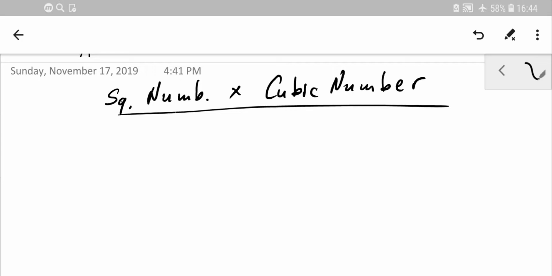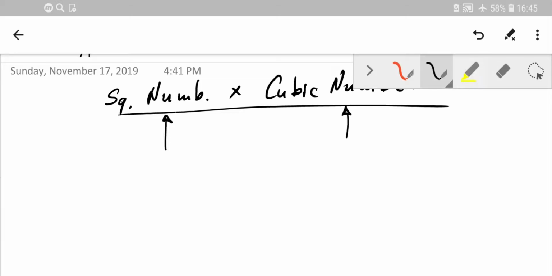We are not restricted to integers for the square and cube numbers. We can take even different real numbers, even complex if you like.